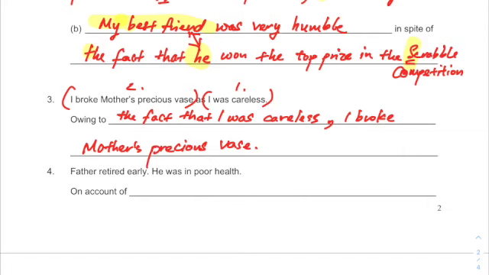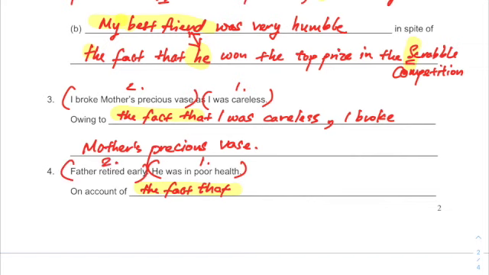Father retired early. He was in poor health on account of the fact that. All right, so I am pretty sure that you have gotten the hang of using the fact that now. It's quite simple. So what was the reason for father's early retirement? He was in poor health, and then this becomes my number 2.